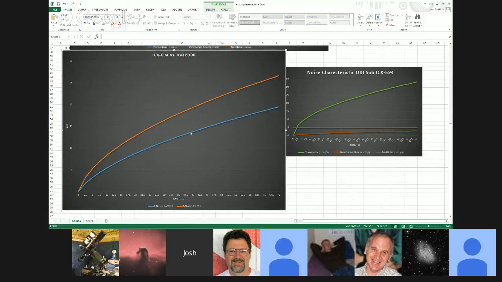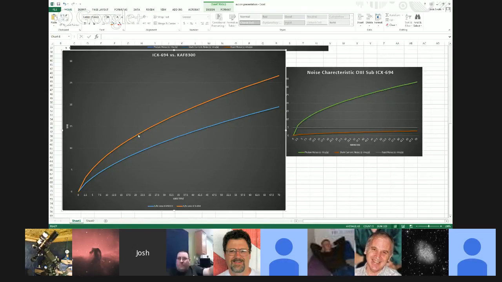Yeah, I think this graph really shows it: you're building up your signal to noise immediately, but it is a trade-off in resolution. One of the nice combinations you're seeing now is the TOC FSQ 106 and the ICX 694.